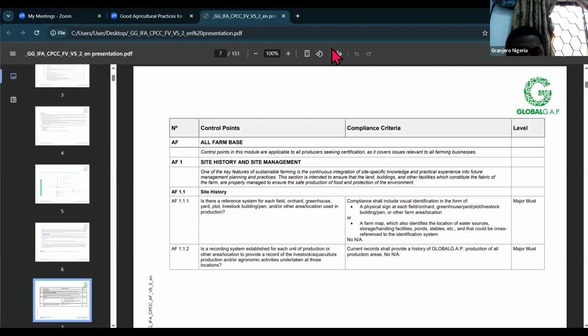Like I said, the reference document expects that you should have a physical sign on your farm that shows you where everything is. I hope that we have seen the previous videos, because this way you might get to understand why this is important.